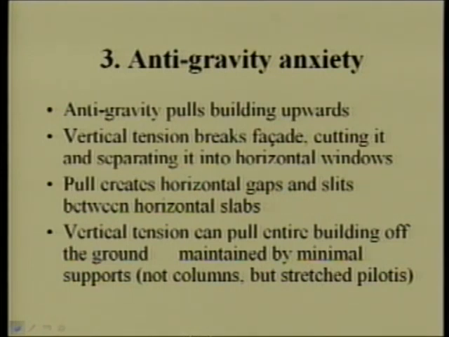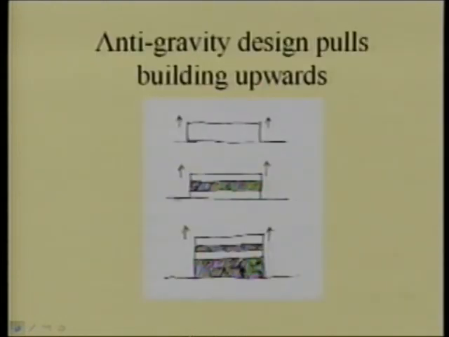The vertical tension then can even pull the entire building off the ground. And since we don't have anti-gravity in the physics laboratory, we have to still support against gravity. So we maintain the building off the ground by using minimal supports, which are pilotis, to use the French word for that invention.